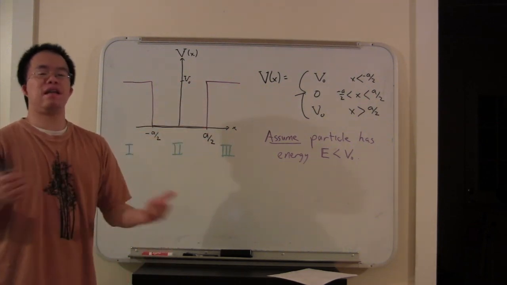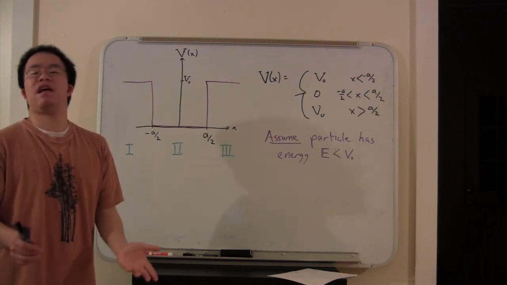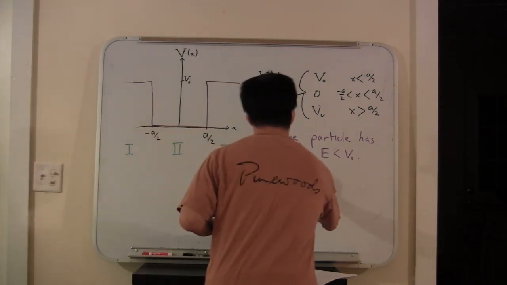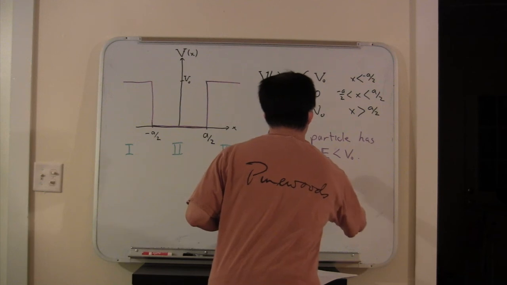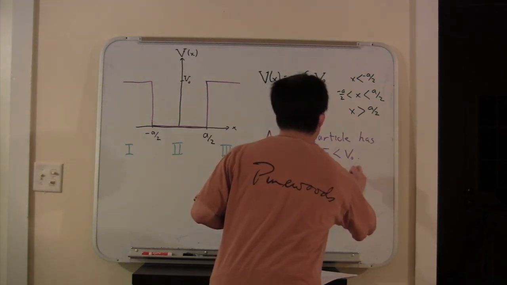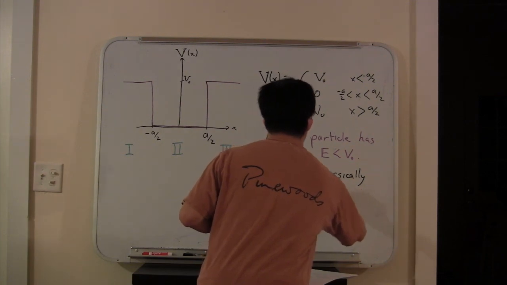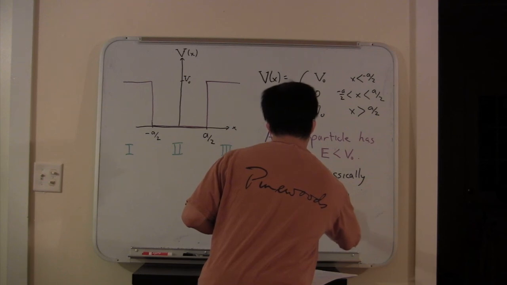Getting outside the well would require the particle to have a negative kinetic energy, which it couldn't have. So this is the case where the particle is classically bound within the well.